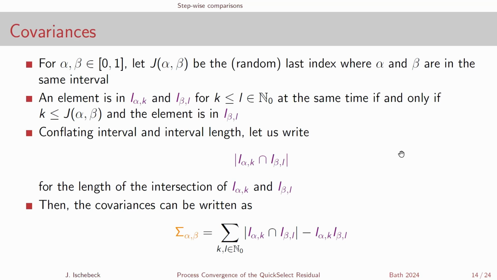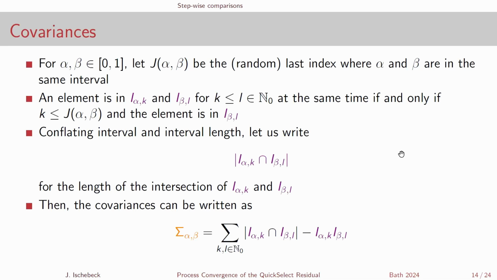So if we want to know if they are actually in the same interval, then the one in the smaller step must contain both alpha and beta. So it must be before this branching point, and the element must be in the smaller interval.